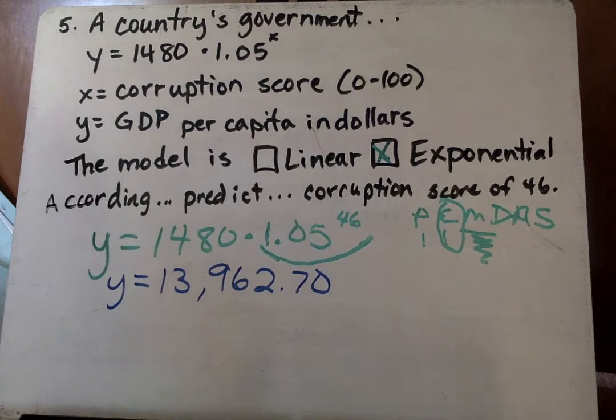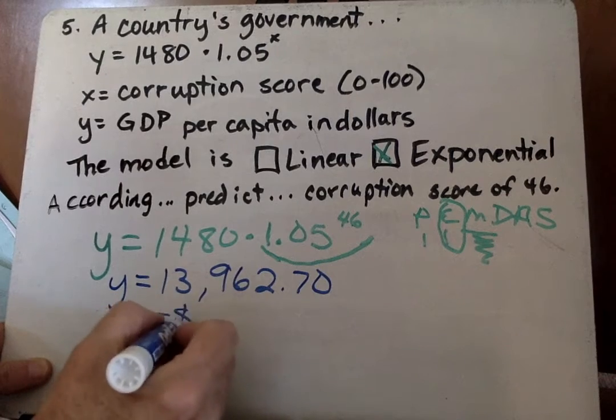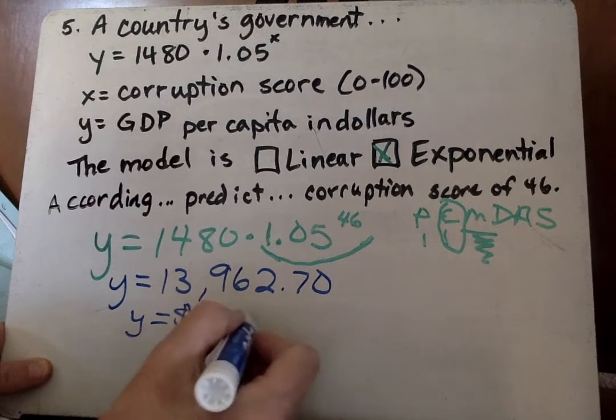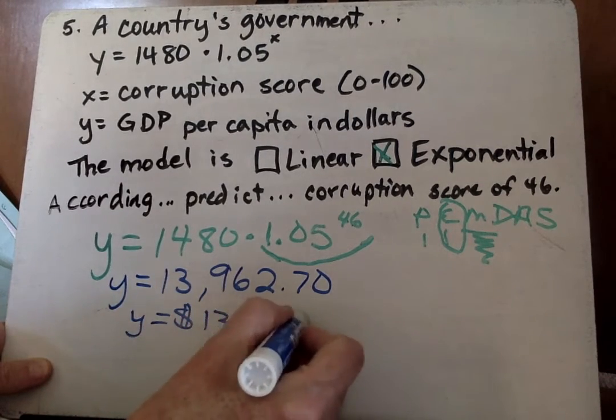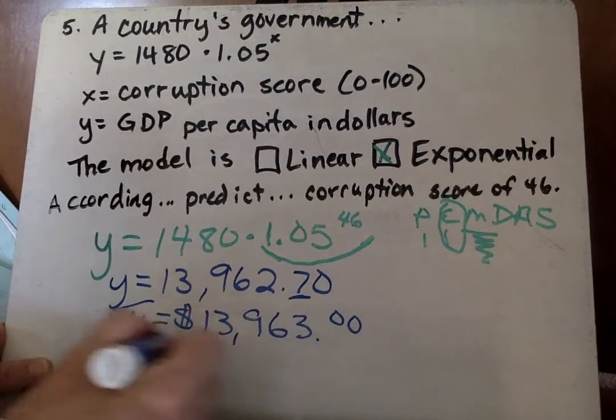13,962. Oh, they round to the nearest whole dollar. My bad. So we round that to the nearest whole dollar. So in dollar amount, it's 13,963, because that 7 is 5 or above.